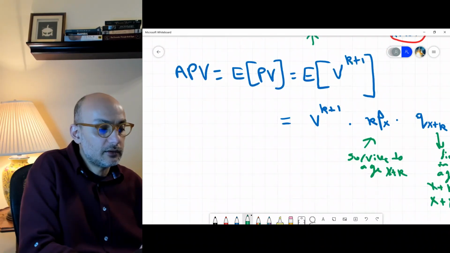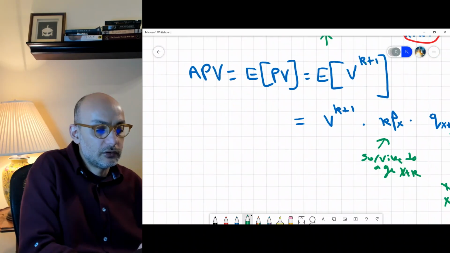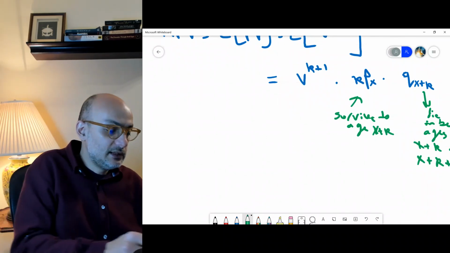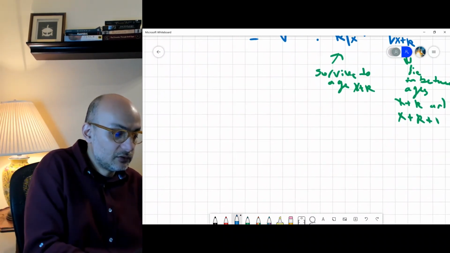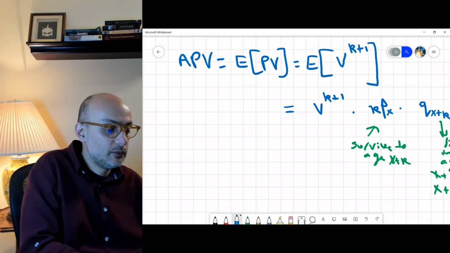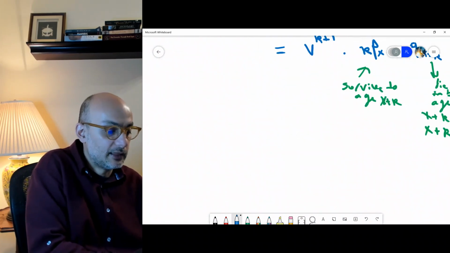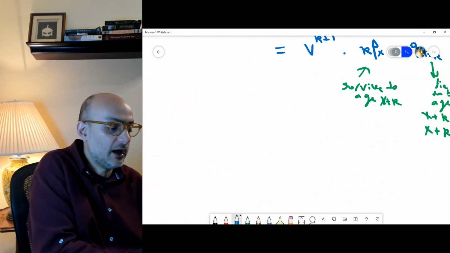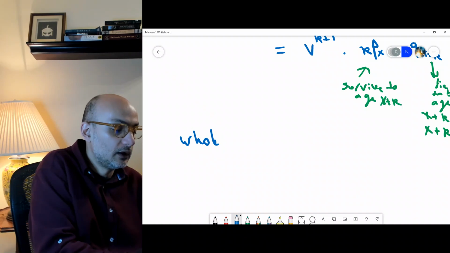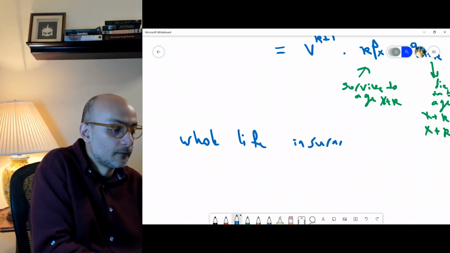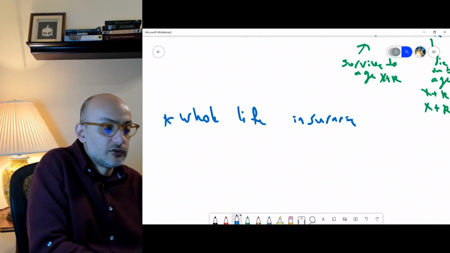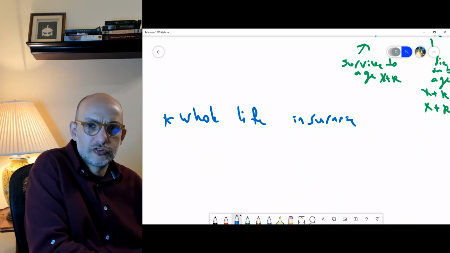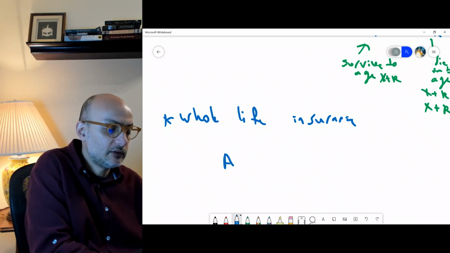If you want this for every single year, and you want to discount, then similar to what we did for the value of whole life insurance, we start with whole life insurance. Recall in the continuous case we used A X with a bar.